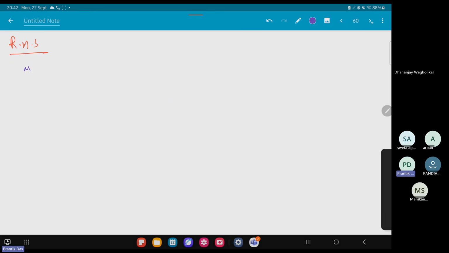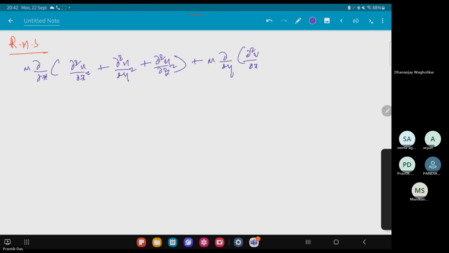So mu of d/dx of del square u/del x square plus del square u/del y square plus del square u/del z square, plus mu of d/dy of del square v/del x square plus del square v/del y square plus del square v/del z square.